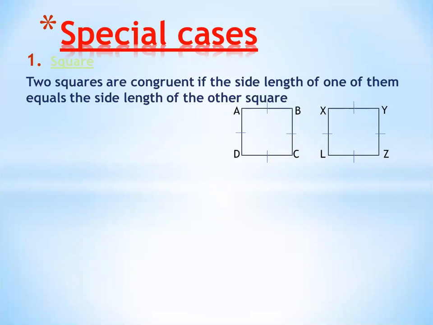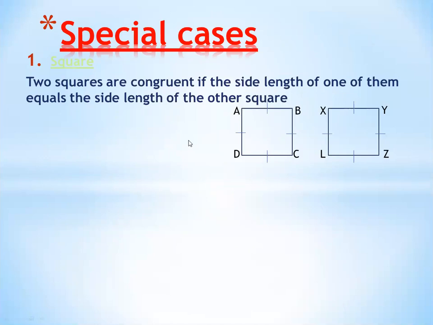Here, AB equals BC equals CD equals DA, and AB is equal to XY. So XY equals YZ equals ZL equals LX equals AB equals BC equals CD equals DA. The eight sides are equal. These four sides and these four sides are equal.